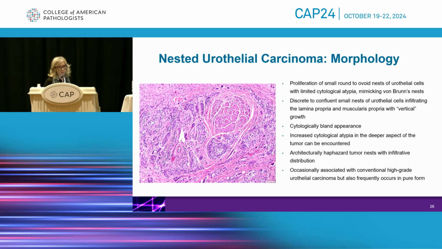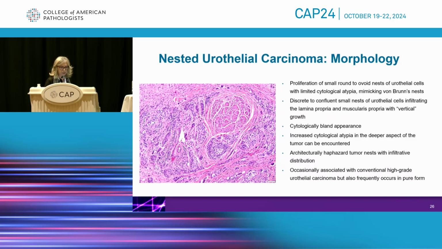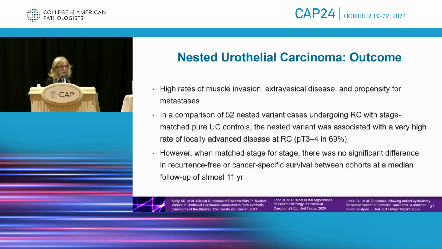And there is also a complicating factor that oftentimes nested urothelial carcinoma may not even have an in situ component. I also wanted to mention that it may occur as a pure form, or it can be associated with other forms of conventional urothelial carcinoma. So nested urothelial carcinoma apparently has high rates of muscle invasion, extravesical disease, propensity for metastases.